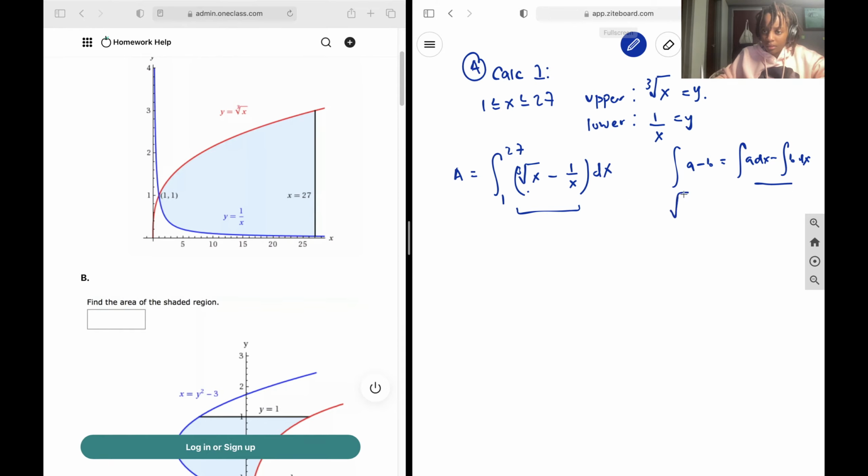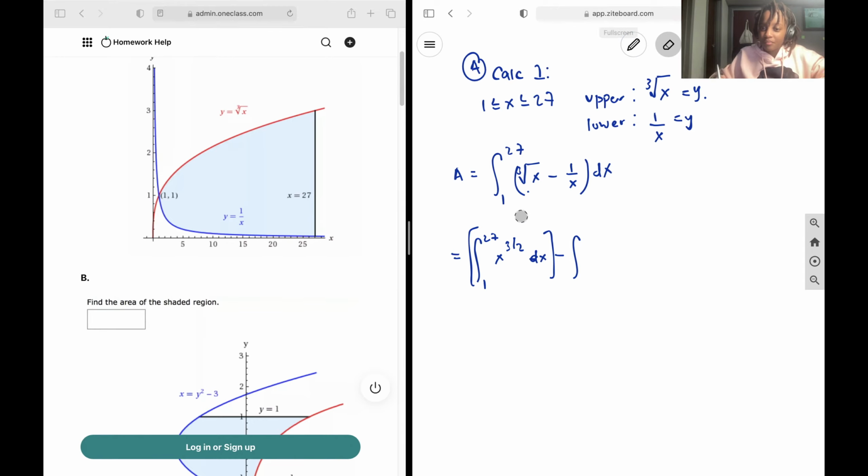Additionally, we want to rewrite the cube root of x as x to the power of 1 over 3. So it becomes the integral from 1 to 27 of x to the power of 1 over 3 minus 1 over x dx. Actually, let's not break it up. Let's just rewrite it in a form that's more understandable. So 1 to 27, x to the power of 1 over 3 minus x to the power of -1 dx.